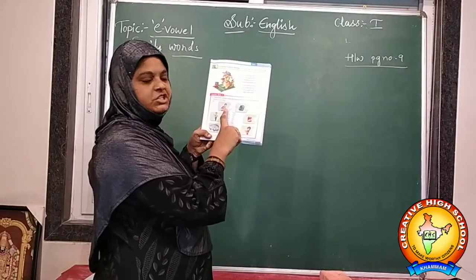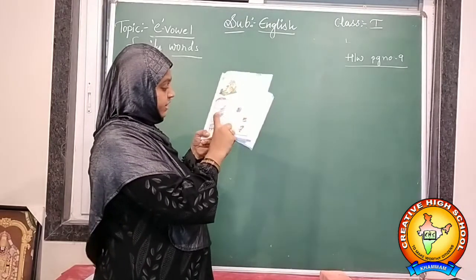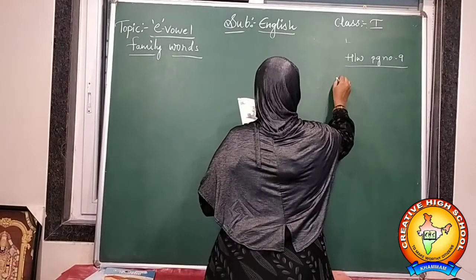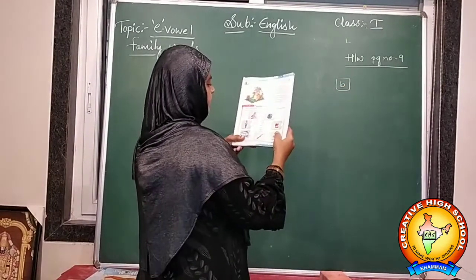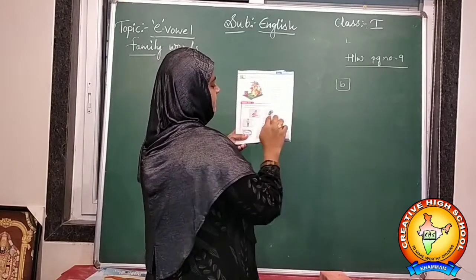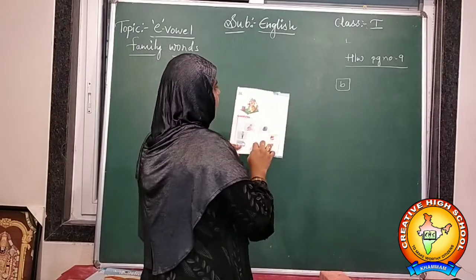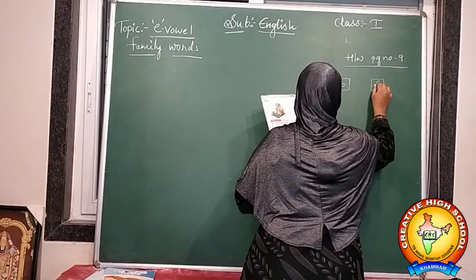The first picture is about a mad man. So the first box picture is B, the mad picture. The second one beside that is a bag picture. Can you tell me where the bag is? F. So the second bag picture is F.